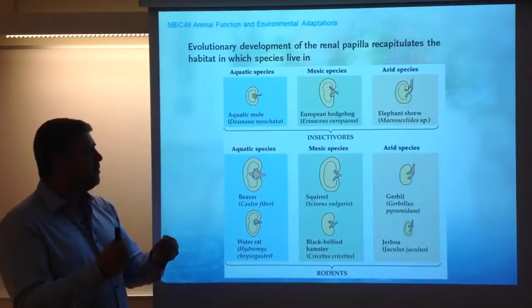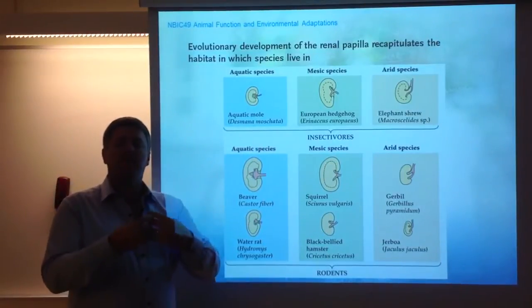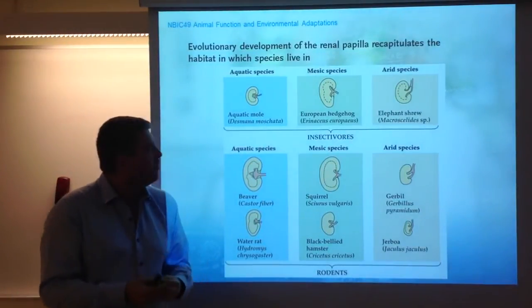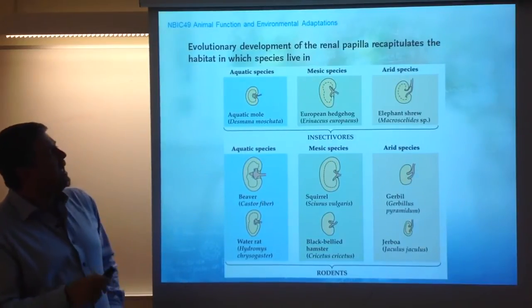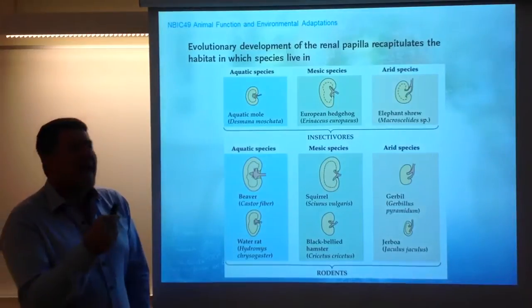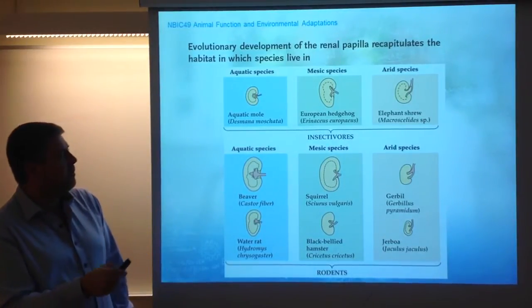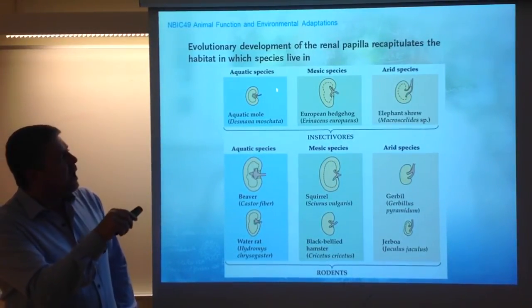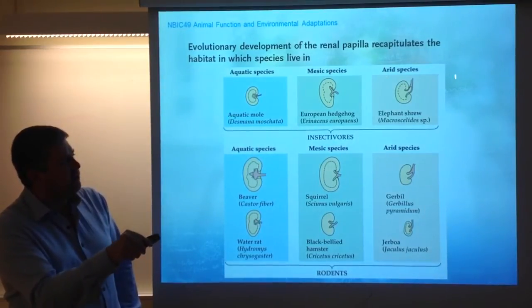When we look at this problem from the perspective of comparative physiology of different species, what we see is that the morphology of the kidney depends on the actual habitat of these species. Aquatic species look different from arid species.